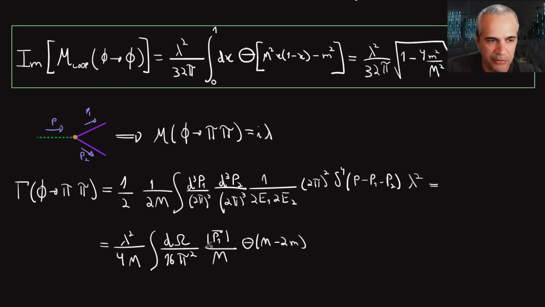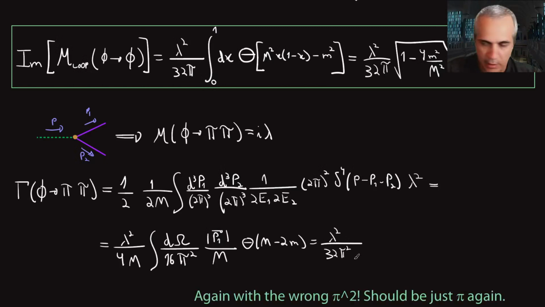Again, I can integrate all these things, go outside. All I have to do is really do the integration in the theta. Actually, in this case, it's just integration in angle, which nothing here depends on. This guy will actually become this square root. If you solve for this guy in the rest frame of phi, this becomes just lambda squared over 32 pi squared m.